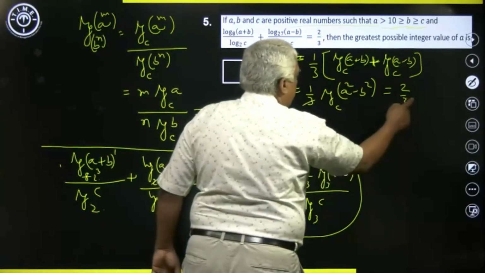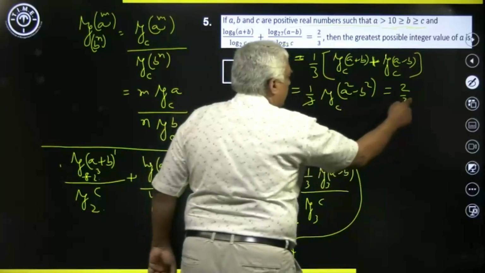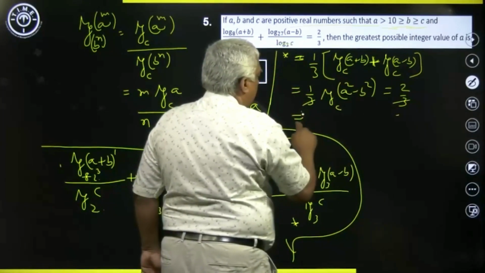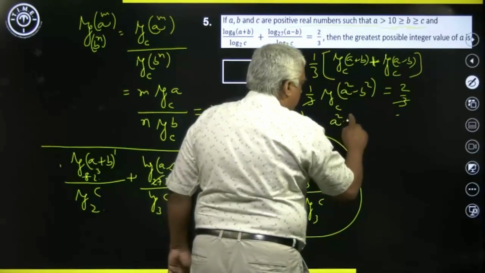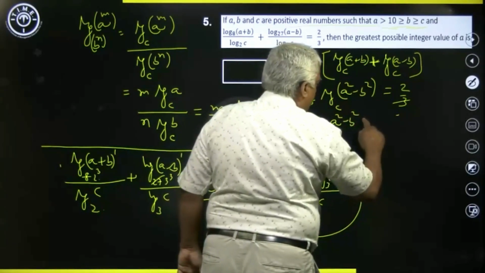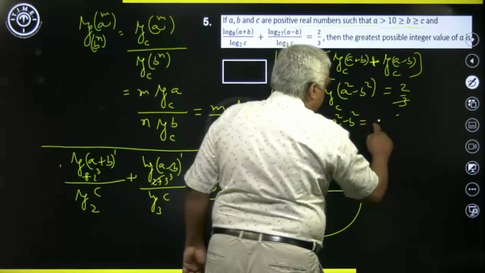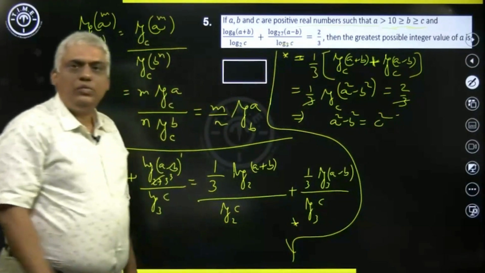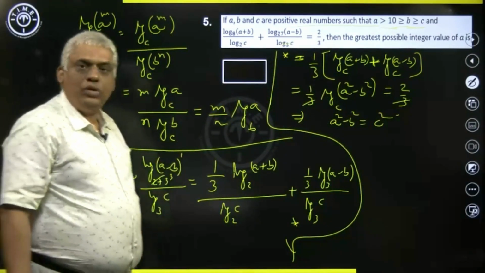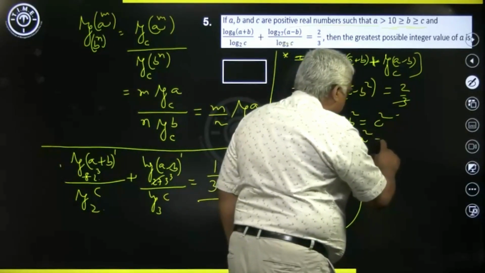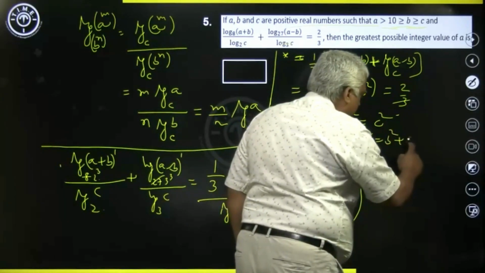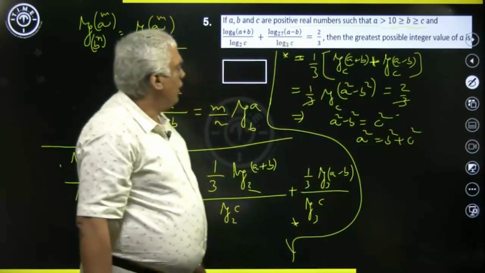So this 3 gets cancelled, and we can say a square minus b square is equal to c square, or a square is equal to b square plus c square.